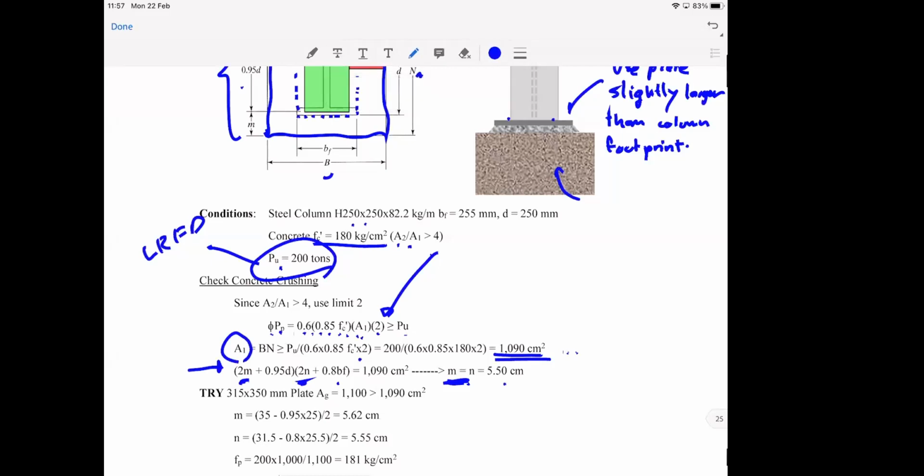I can plug in this equation. Okay, and then I got the size of the plate out of this. It may not be a round number, but in the end, when you start doing it, you may want to use a round number like that. And then come here and try to calculate the actual M and N distance again.